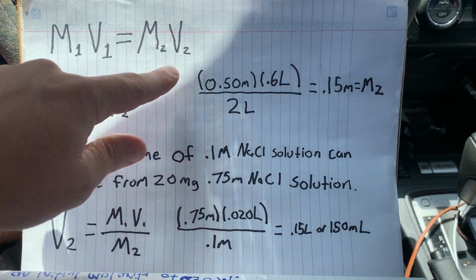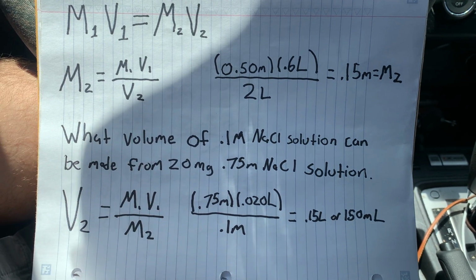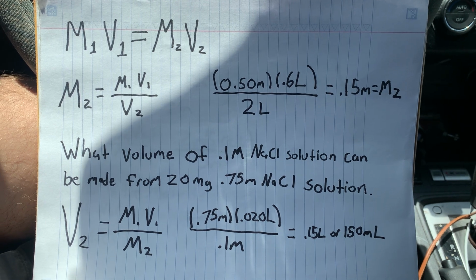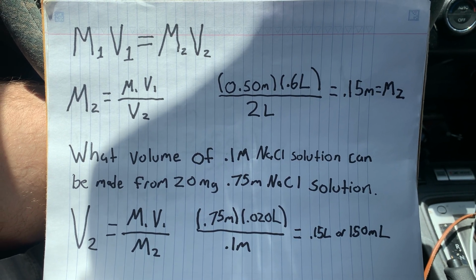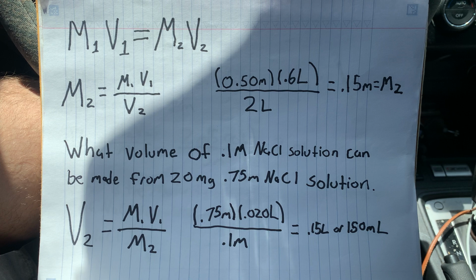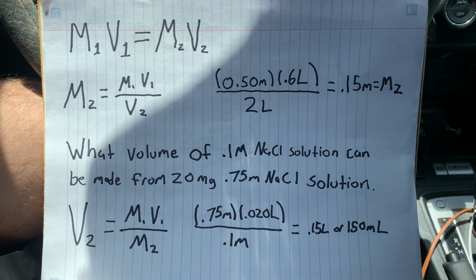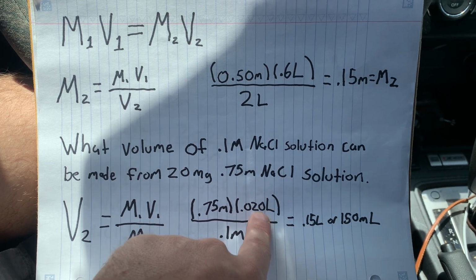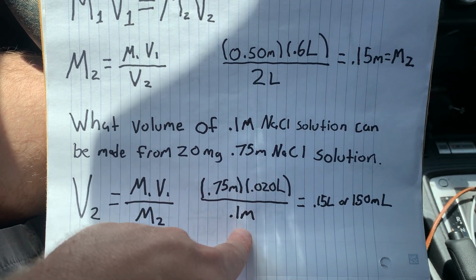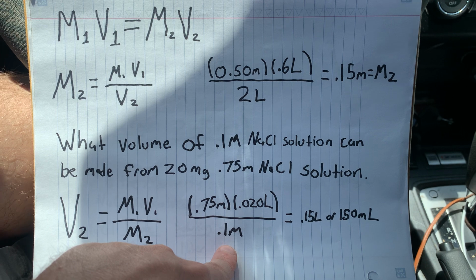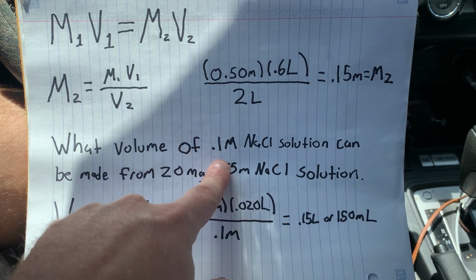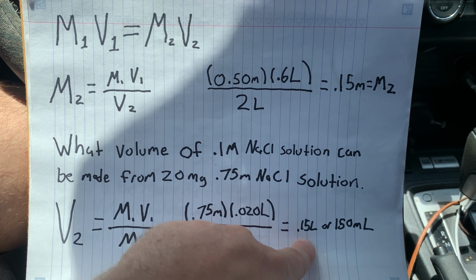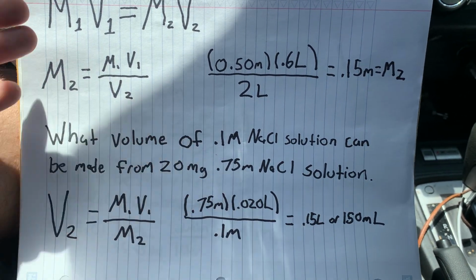So it's going to be V2 equals M1 times V1 over M2. And then again, we just plug in. So I got 0.75 molar solution times 20 milliliters, or 20 thousandths of a liter, which is what I got here. And then we divide that by the solution that we're trying to make, which is 0.1 molar. And that gives us 0.15 liters, or 150 milliliters.